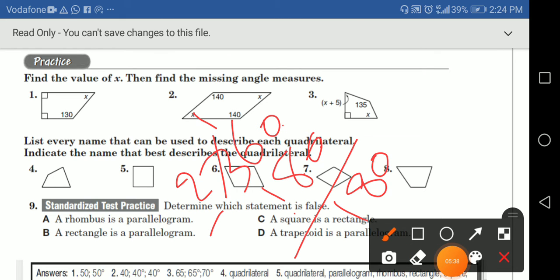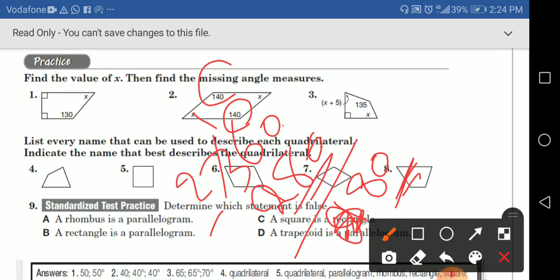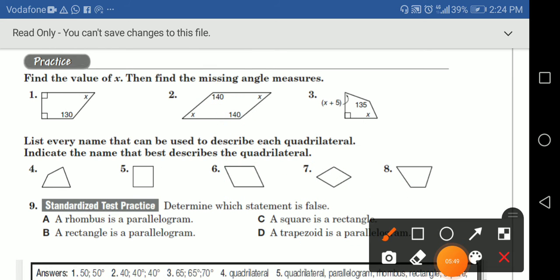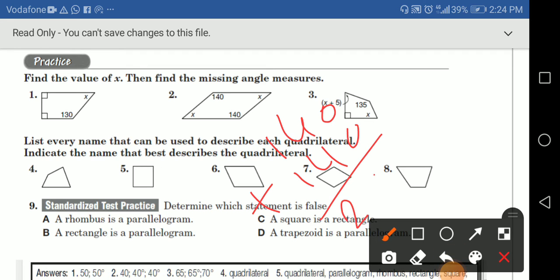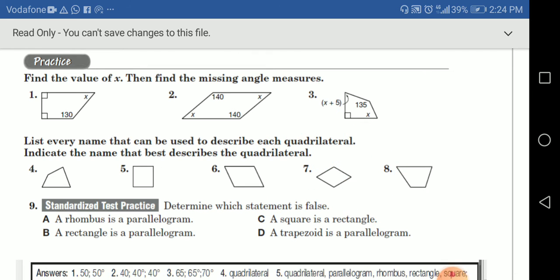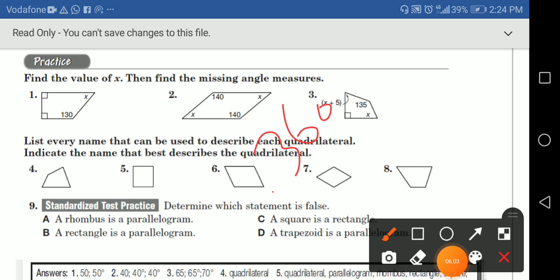But remember, it is not 180, because 140 plus 140 is 280. So 360 minus 280, you got 80.